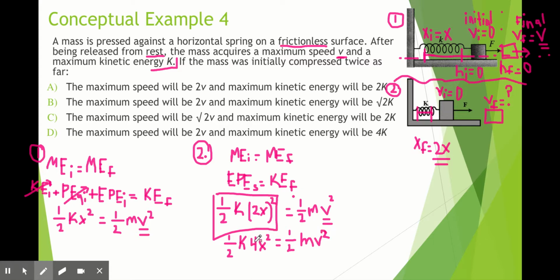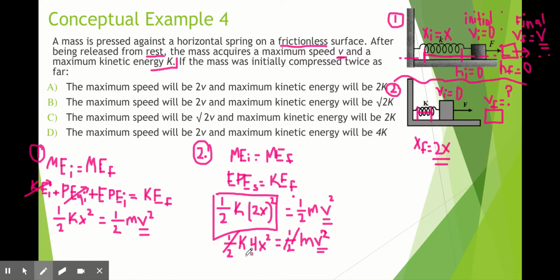So to simplify this here, my 1/2 will cancel on both sides. I have k times 4x squared is equal to mv squared. I need to solve for v, right? The question asks us about speed.